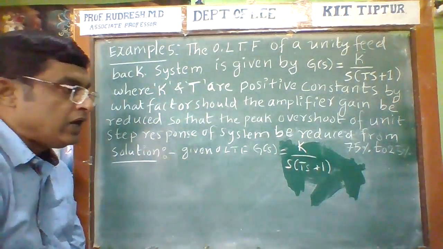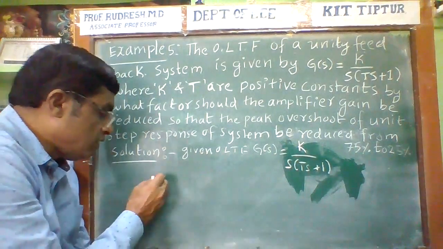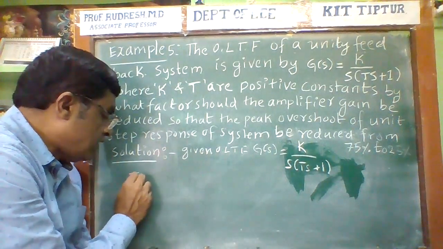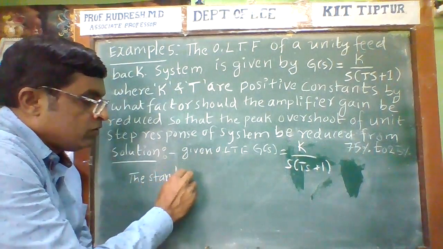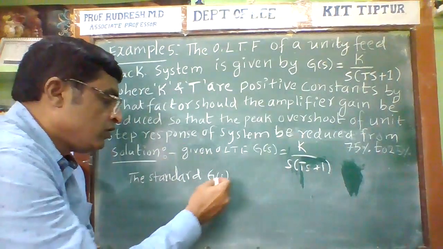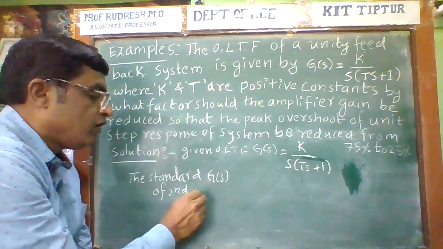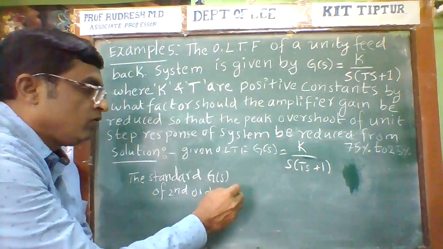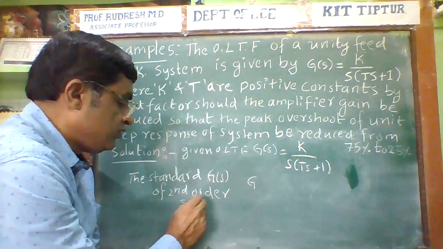Now we need the standard G(s) of the second order system. What is the G(s) value of the second order system?